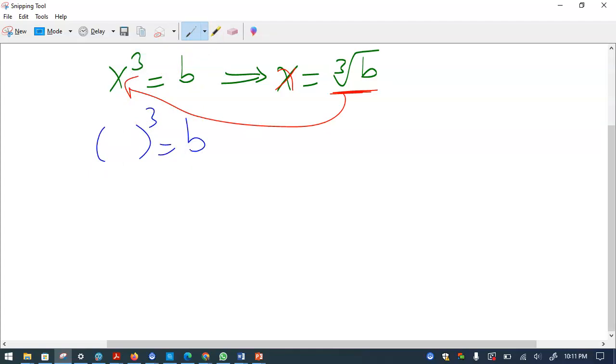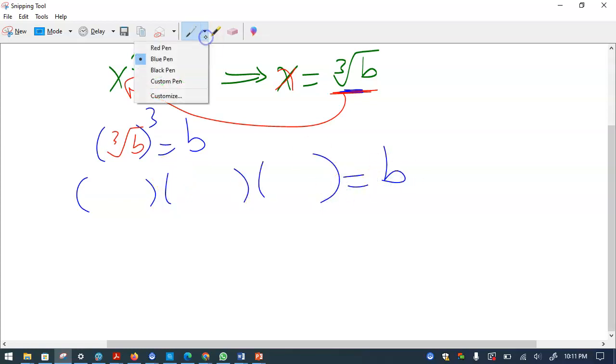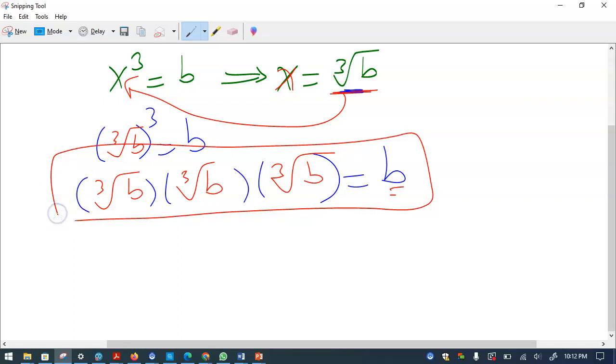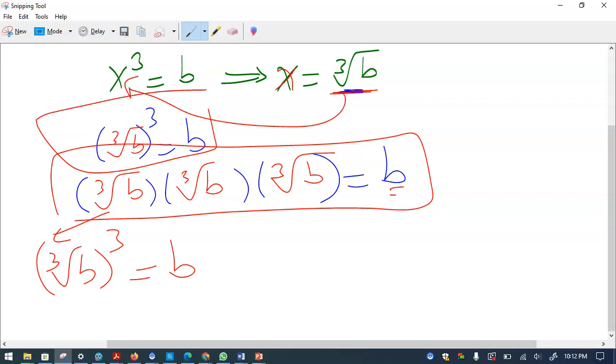So I'm putting the red part, the cube root of b, and multiplying it 3 times. It means cube root b, and cube root b, and cube root b. That's all that means. This is like a formula. Or you can see this also: cube root b raised to the power 3 is b, which I wrote right here. It's the same thing. I hope I'm making sense to you.